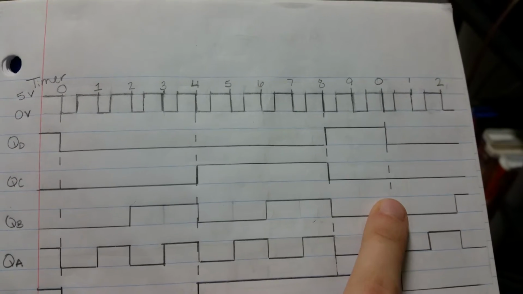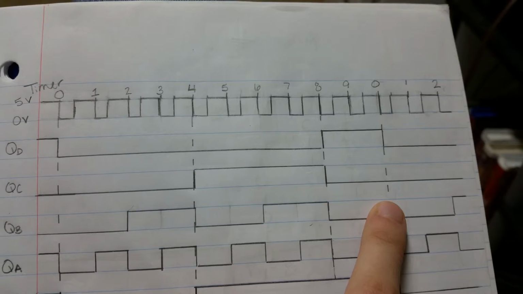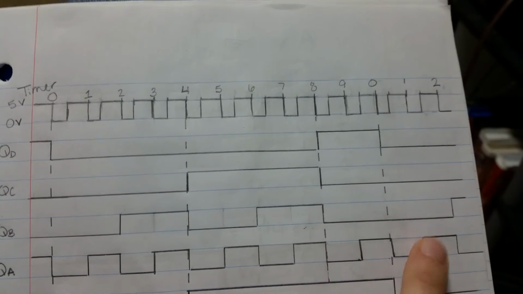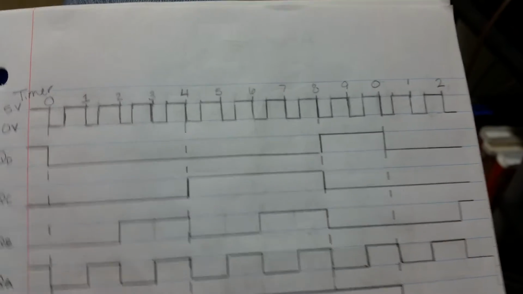QB would switch here if the clock kept going to 10 and 11 and on, but since it jumps back to 0 after 9, it's going to stay inactive a little longer there.